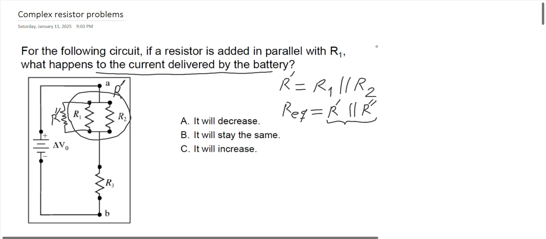If you remember Ohm's law, R equals V over I. So in order to figure out what happens to current, the first thing to figure out is what happens to the total resistance of this circuit. So I need to first figure out what happens to the equivalent resistance.